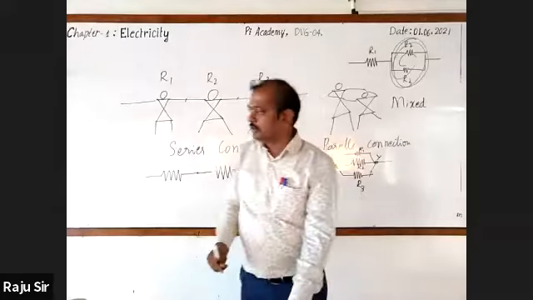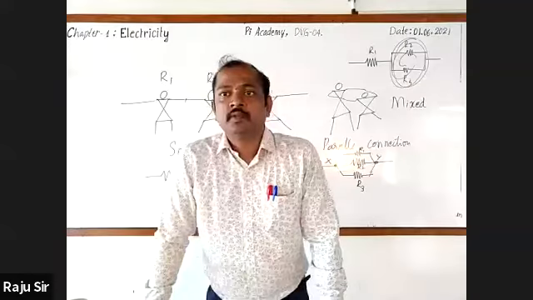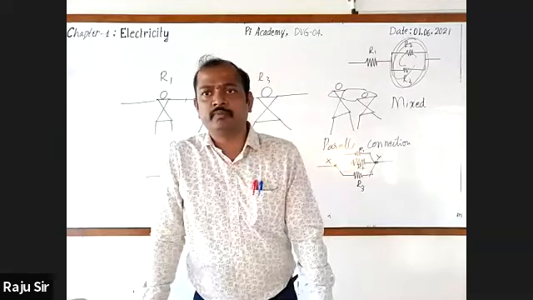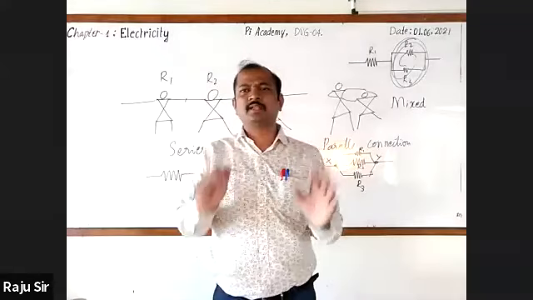Okay, now let's move on to the heading: in which connection is the current flow increased? Electric current is increased in which connection? It all depends on what type of connection we give. You may give just a series connection, or parallel. One simple, general example.